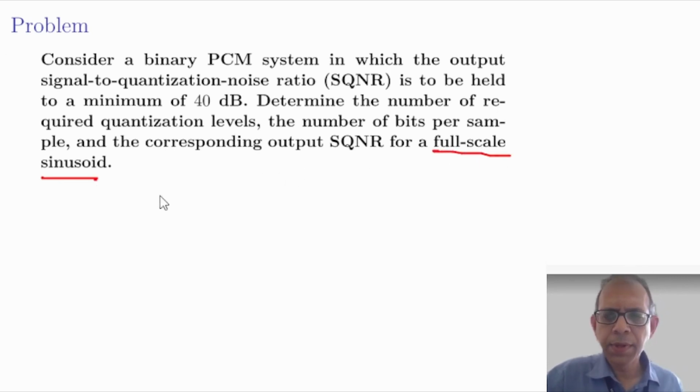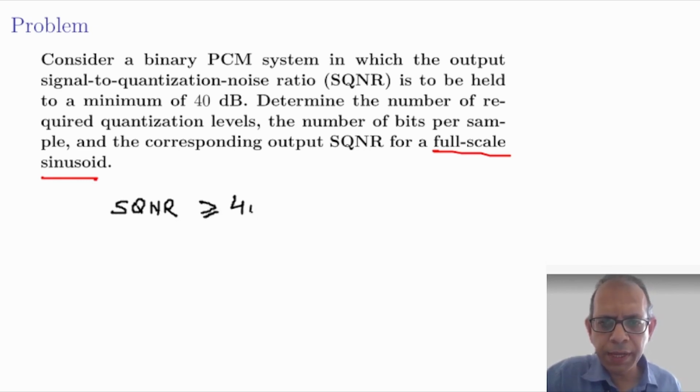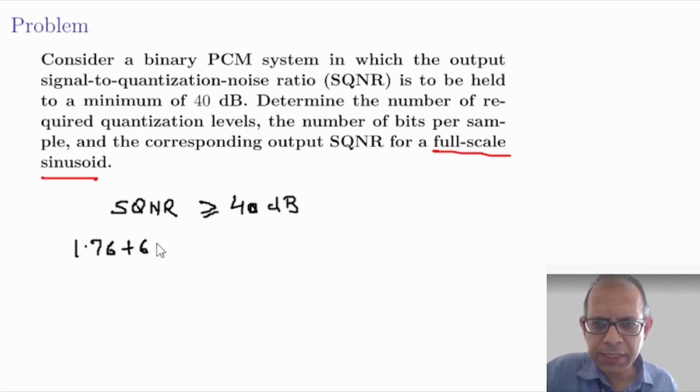So first thing to be noted here is that we are talking about a full scale sinusoidal signal. So what is given is that the signal to quantization noise ratio SQNR must be greater than or equal to 40 dB. And because a full scale sinusoidal signal is given, the SQNR, which we just found as 1.76 plus 6R, must exceed 40.